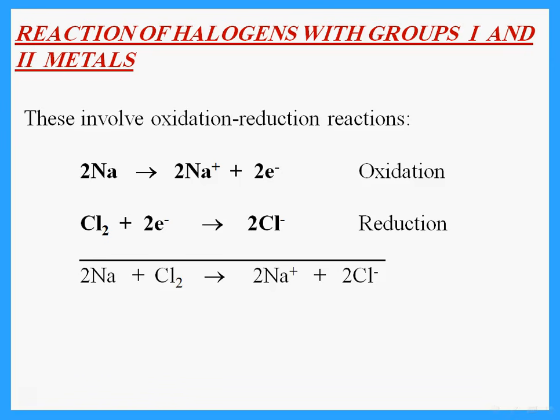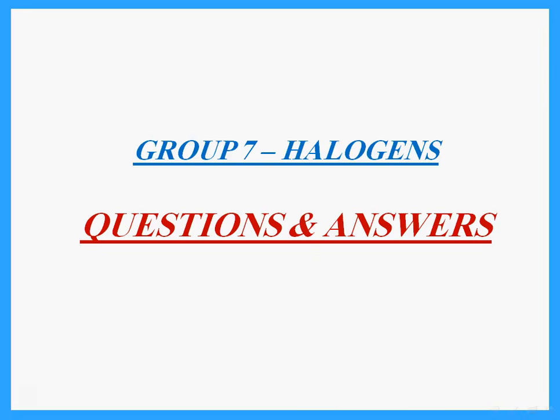And remember that when we were doing balancing or writing overall ionic equations, we need to make the number of electrons the same on both sides. So this would be the overall ionic equation: 2Na plus Cl2 to give 2Na+ plus 2Cl-. Are we okay so far?